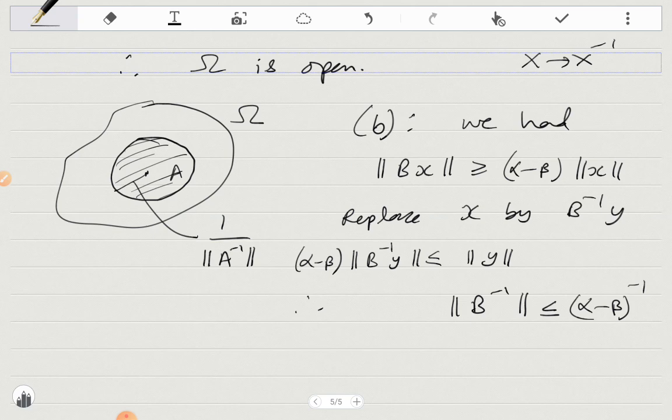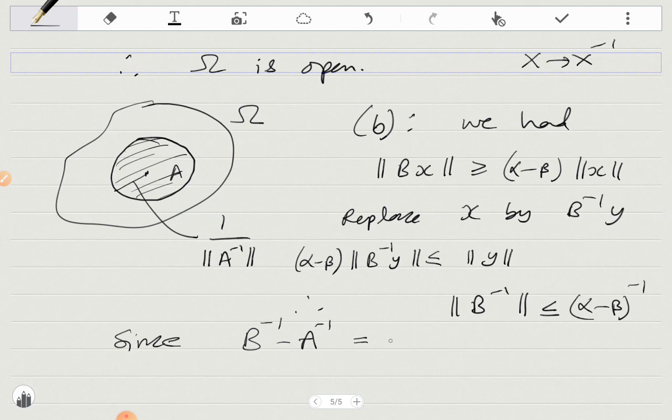Now here's a small trick, an algebraic identity. We are interested in B inverse minus A inverse. We want to estimate the size of this to establish continuity of the inversion map.